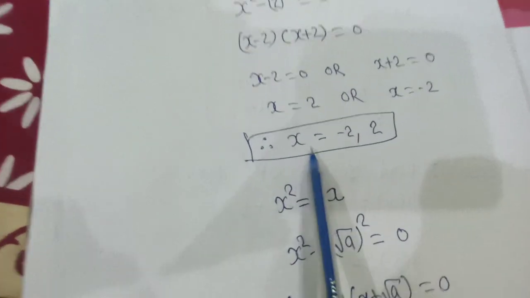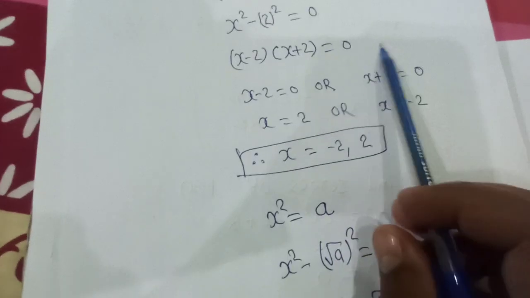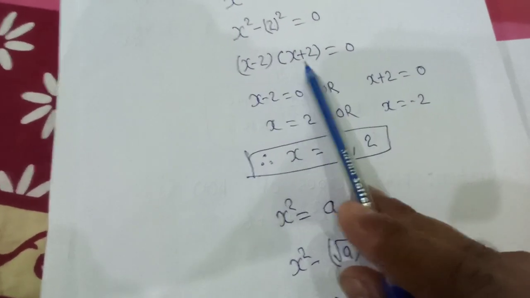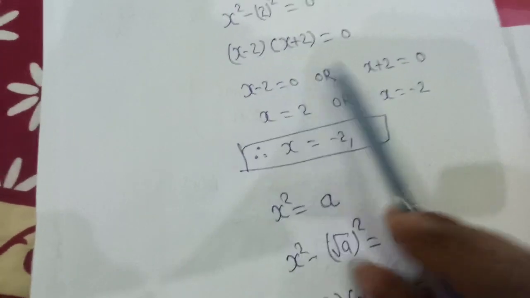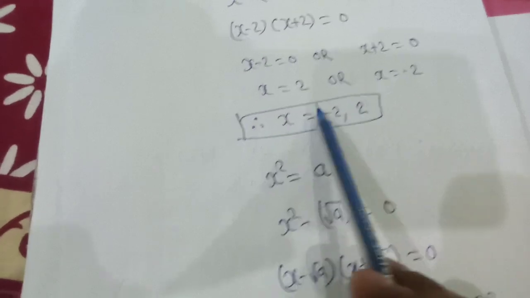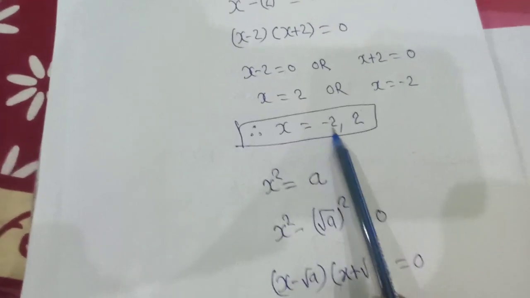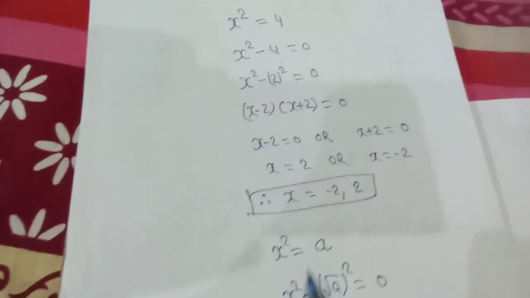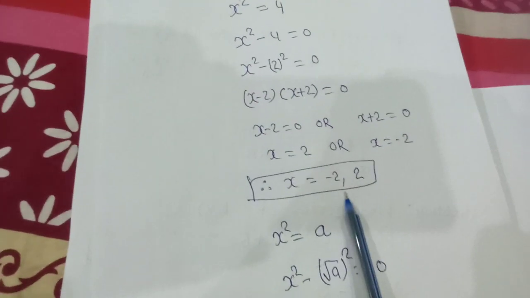So finally, if the product of two numbers is 0, then either of the numbers is 0 or both the numbers are 0. So x minus 2 is 0 or x plus 2 is 0. So we arrive at x equals to minus 2 and 2, then we can say that x equals to plus minus 2.